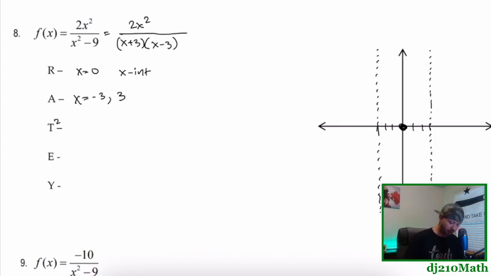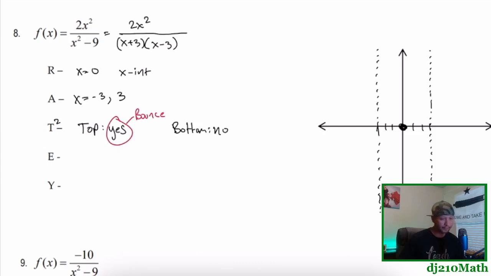Are there any square factors in the top and bottom? So top, yes, there is. So that means at that x-intercept value that's in the top, that's where the graph is going to bounce. On the bottom, there's not.